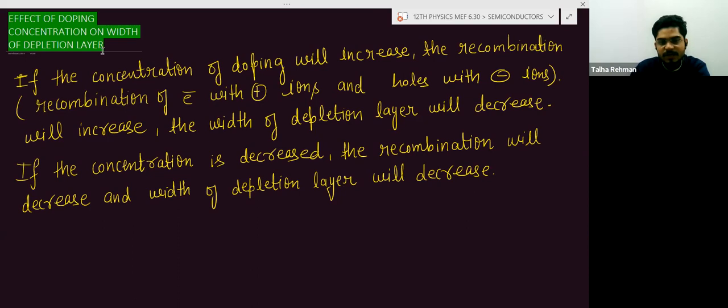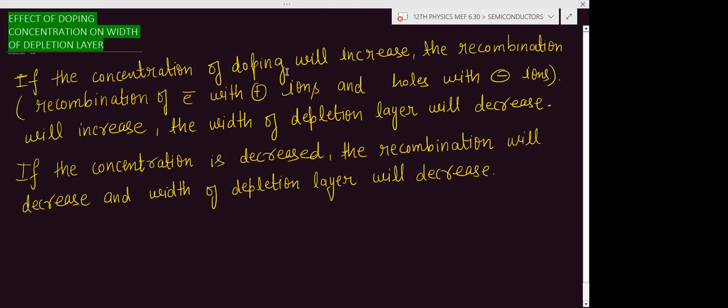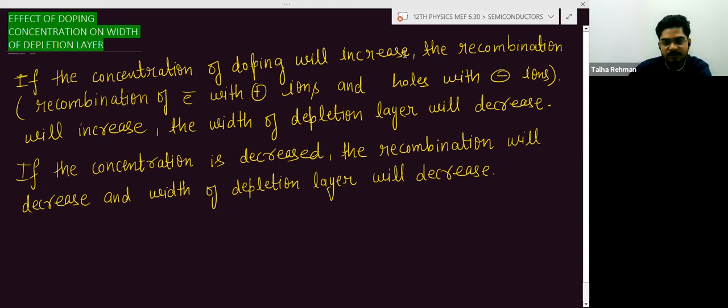And if the doping concentration is decreased, recombination will decrease and the width of the depletion layer will decrease.